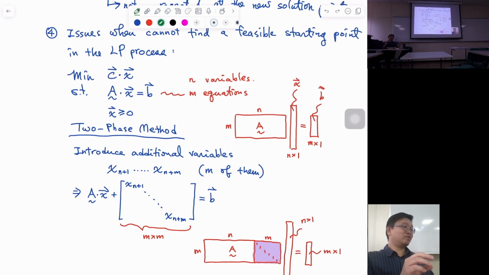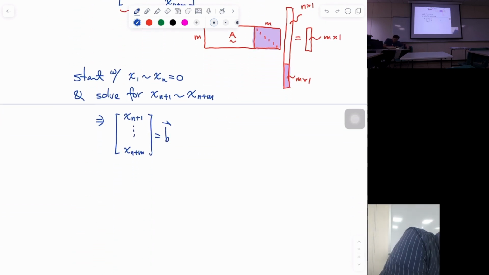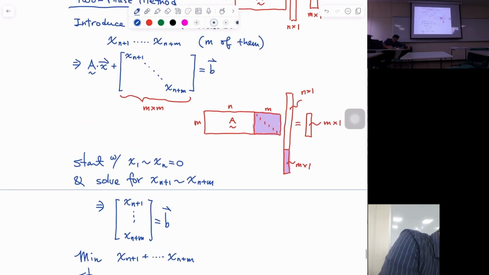But for this extra phase, what is the objective function? You can say minimize x n plus 1 to x n plus m, subject to this line.